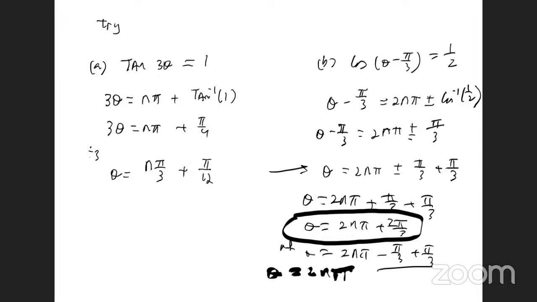What was the general solution? 2n pi for cos, right? Plus and minus alpha. That was for cos. All right, so those are your general solutions and how to use them, right?